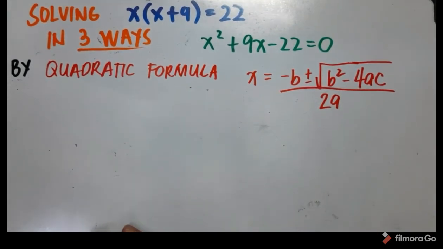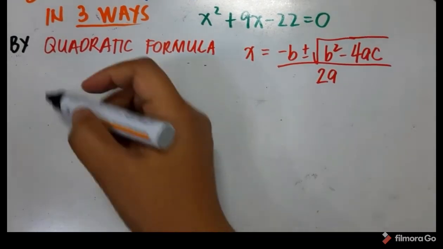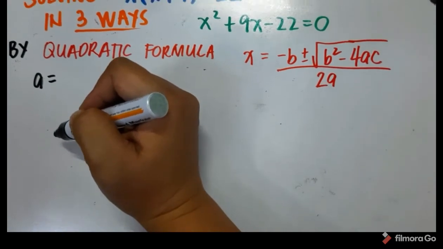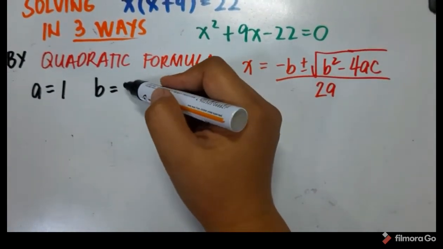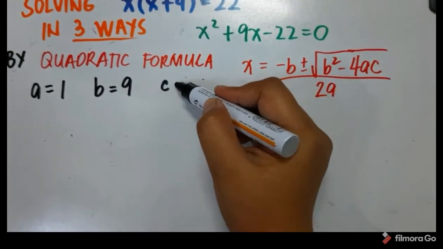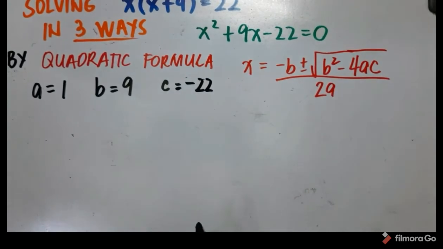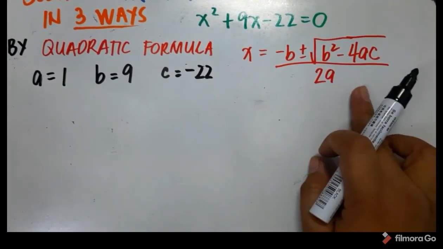First, we need to identify the values of a, b, and c. From that equation, the value of a is 1, b is positive 9, and c is negative 22. And then let's just substitute these values into our equation.